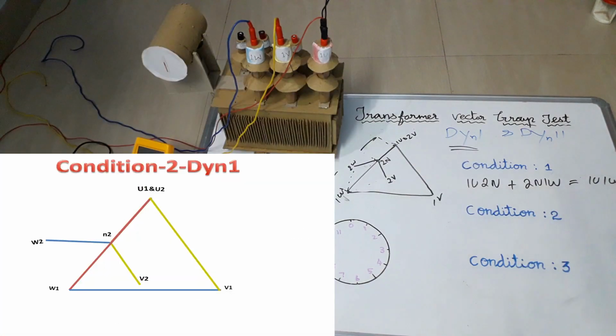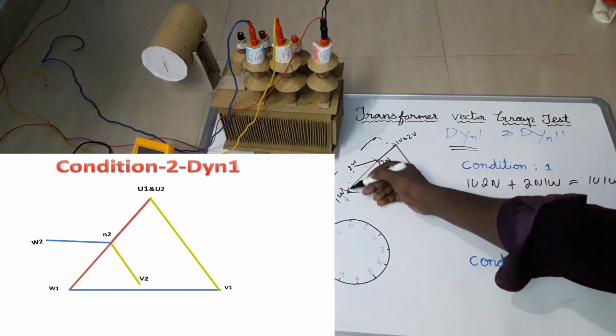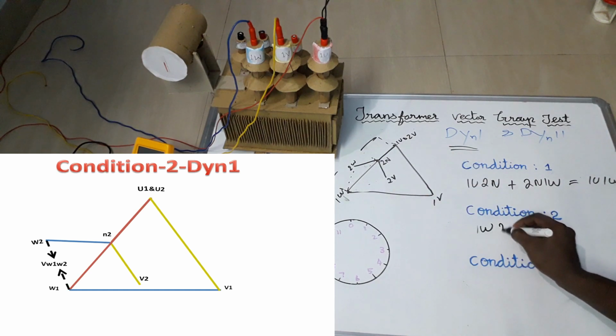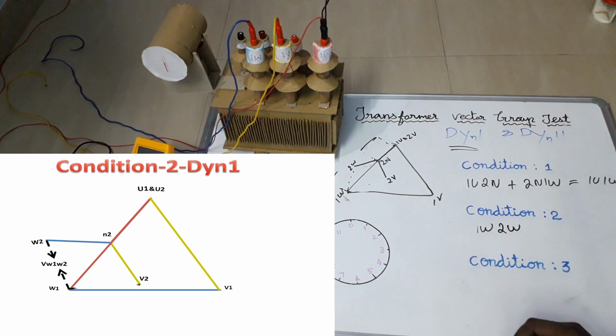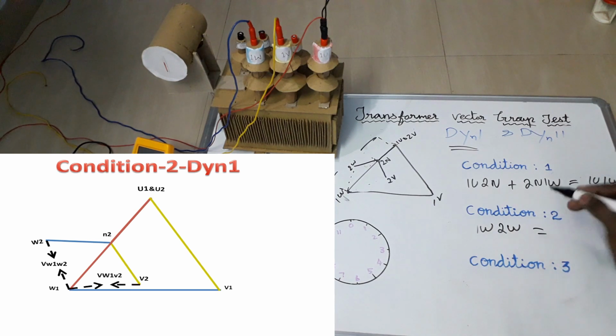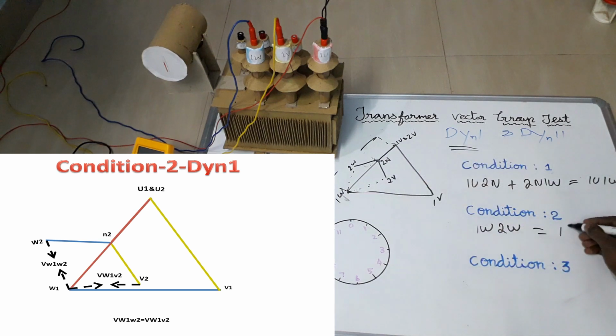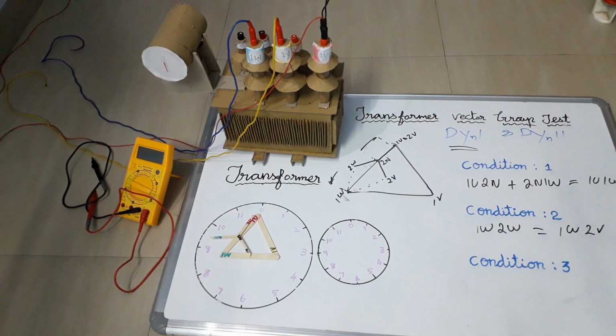For condition 2, this 2W and 1W voltage we have to check. 1W, 2W. This should be equal to the voltage you measure between 1W, 2V.